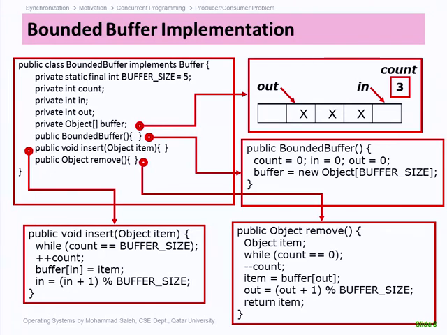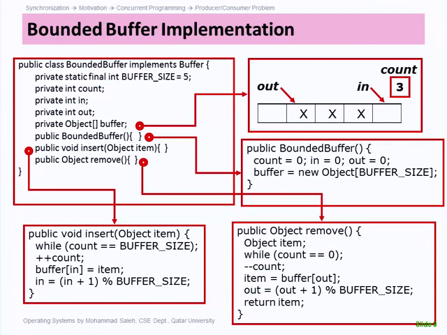Consuming the item means the count will be less 1. And then we're going to save this item so that we can return it in the last statement. Then we increment out to go for the next item to be removed: out equals out plus 1 modulus, again, buffer size. Clear? Any question?